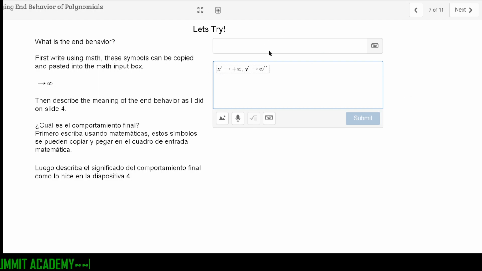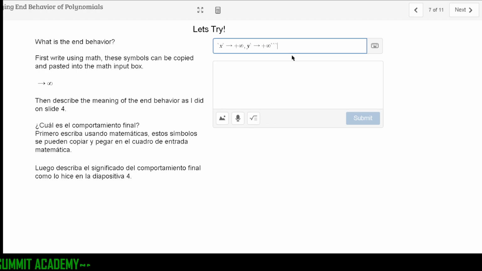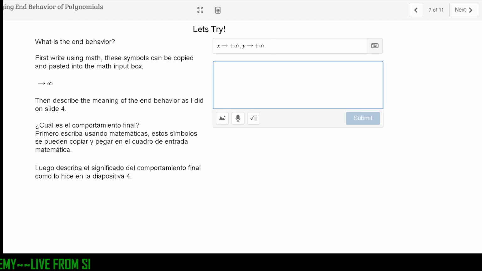So paste and positive. And let me try for the other one.